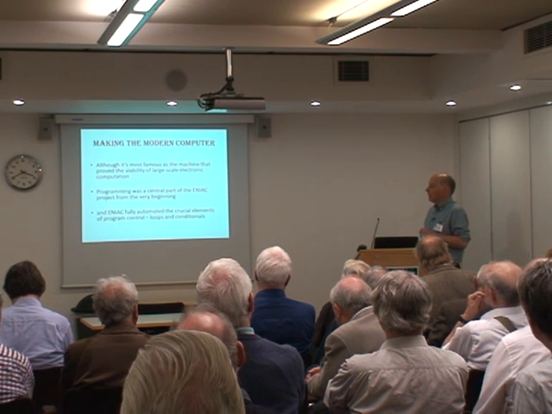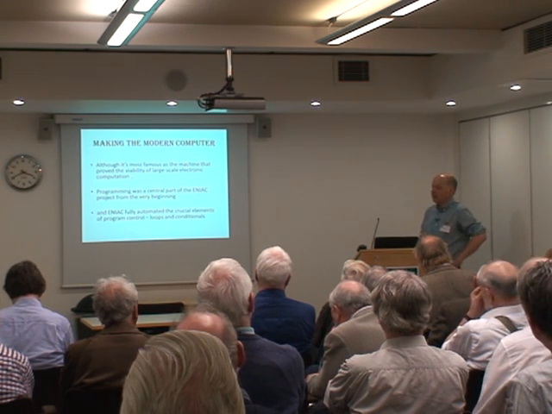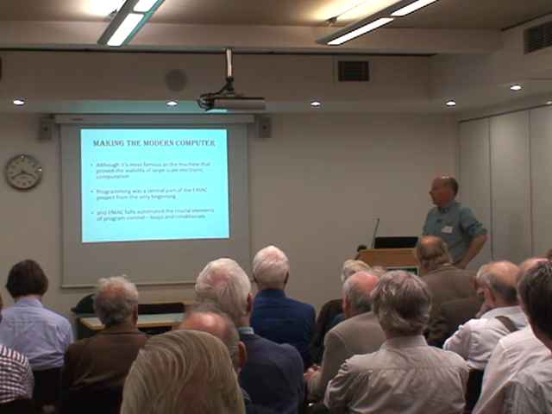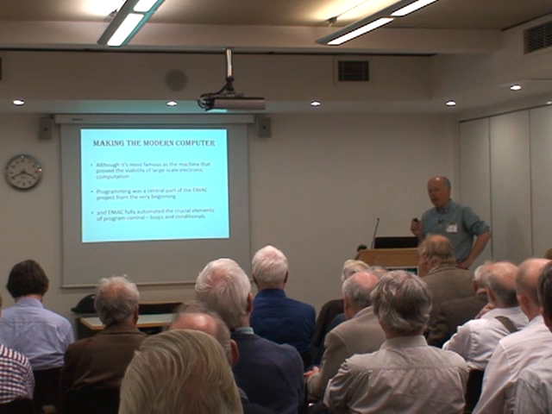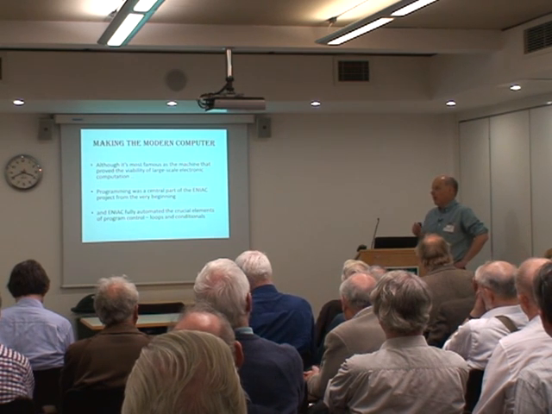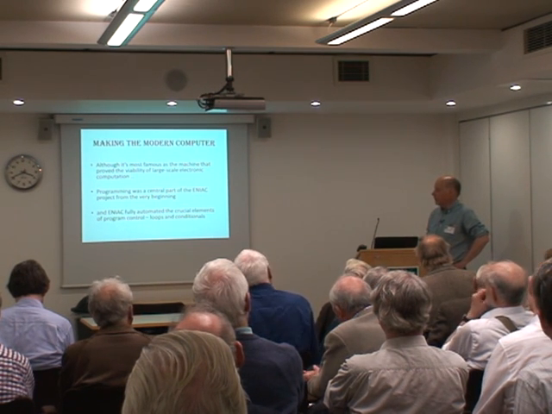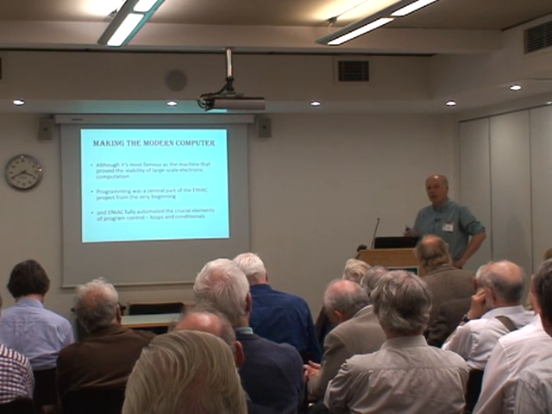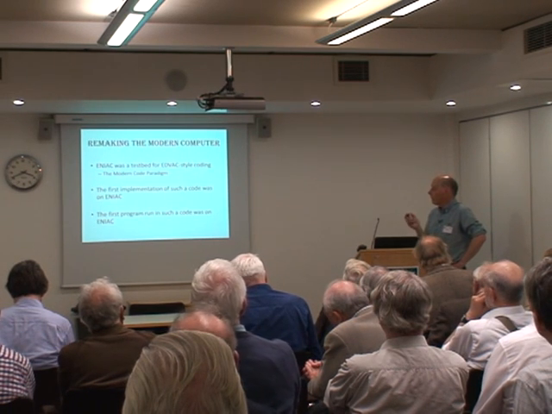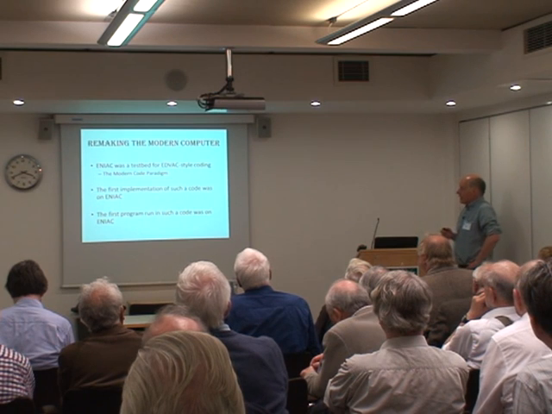But in principle, it could do everything. It was computationally complete. It could do everything that we understand as programming. So it's appropriate that the word program began to get its modern sense in about 1945, 1946, just as ENIAC was coming into use. So that's making the modern computer.